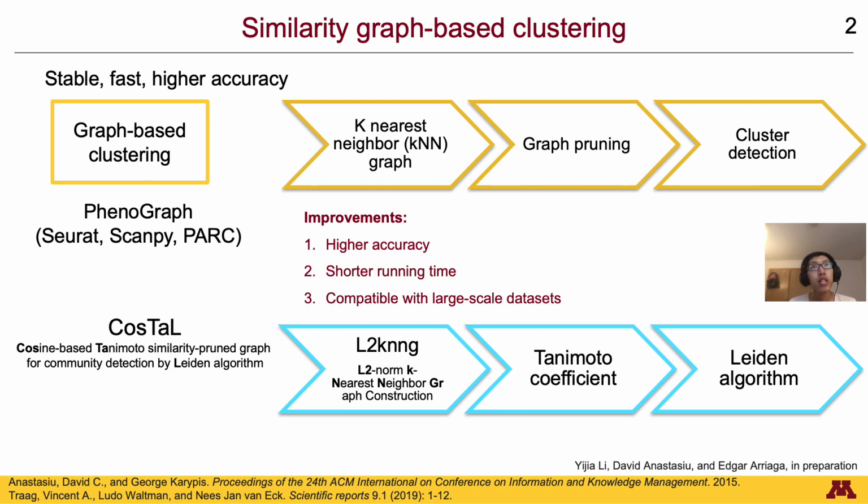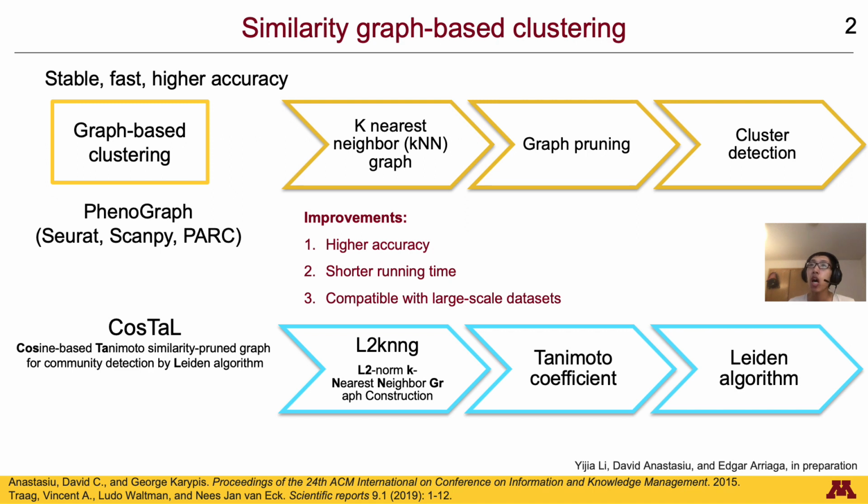And similar to the predecessors, CosTaL also takes three steps to achieve the graph-based clustering. But specifically for the KNN mapping stage, we use L2KNNG, which is an ultra-fast KNN mapping algorithm developed by our co-authors, David and Natsu. And for the second step, being different from the others, we use the Tanimoto coefficient as the pruning method.